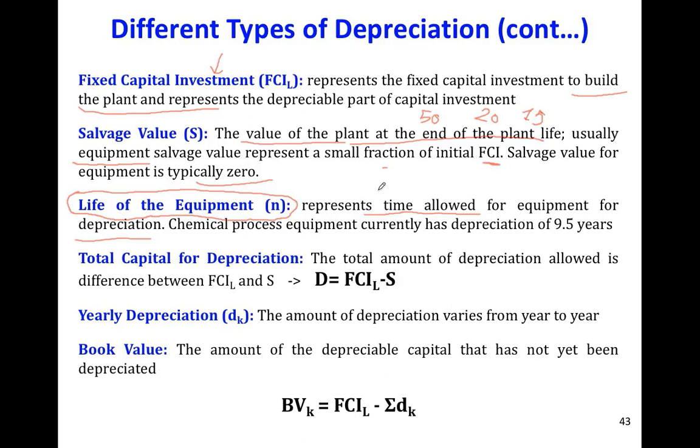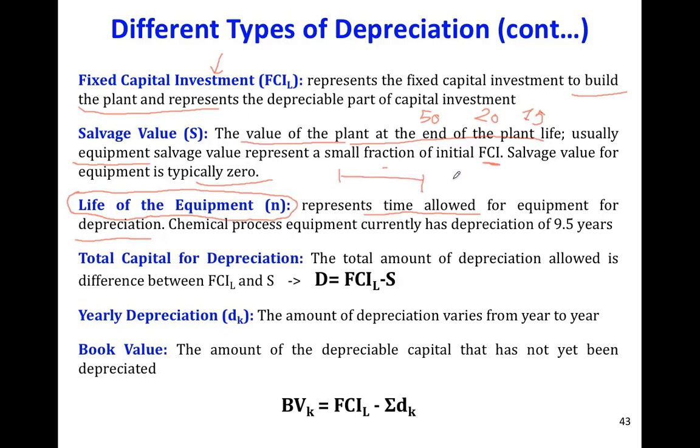When you have equipment like a heat exchanger and you use it for 10 years, maybe after 1 or 2 years you could still sell that equipment, that compressor, with good value, but after let's say 9-10 years, nobody is going to buy it from you. Although the heat exchanger will work, nobody is going to buy it from you. So that is the life of the equipment: the time allowed for the equipment to depreciate, the time period over which the value of the equipment will reduce.